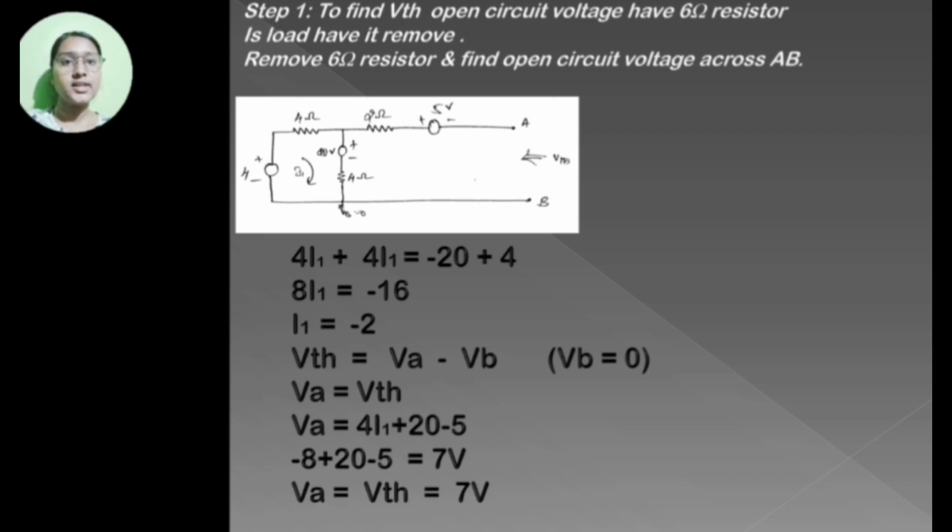We know that VTH is equal to VA minus VB. VB is 0, so VA equals VTH. VA equals 4i1 plus 20 minus 5. 4 into the I1 value we already found, minus 2, so minus 8 plus 20 minus 5 is equal to 7 volts. VA equals VTH is equal to 7 volts.